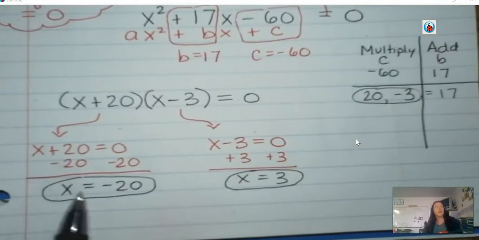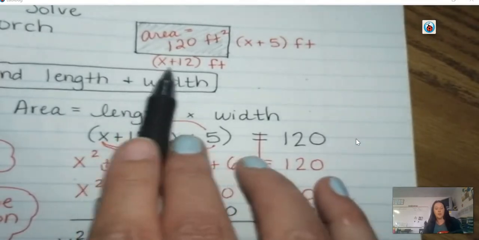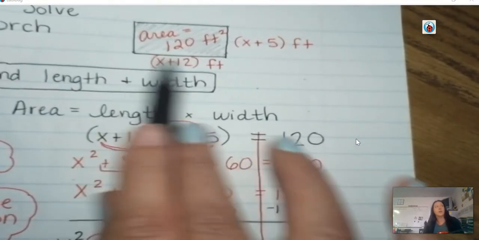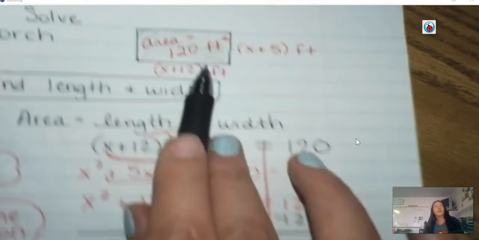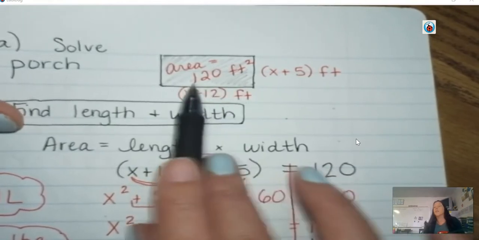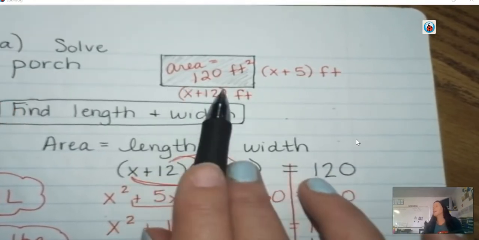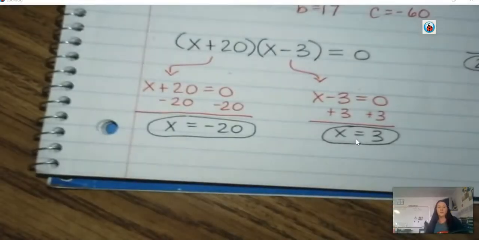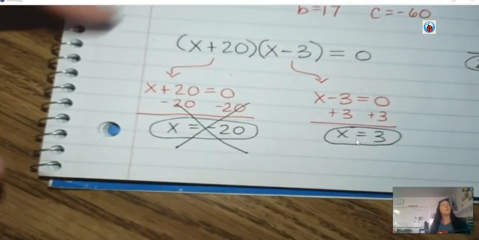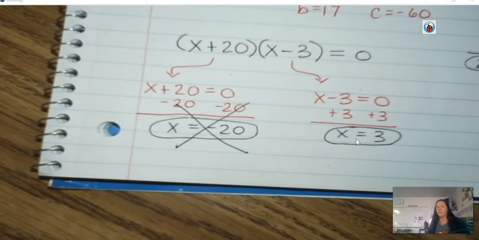Negative 8. So could this length be negative 8 feet? No, you can't have negative feet. That doesn't make sense. So cross off this answer because it just won't make sense for the real world problem.